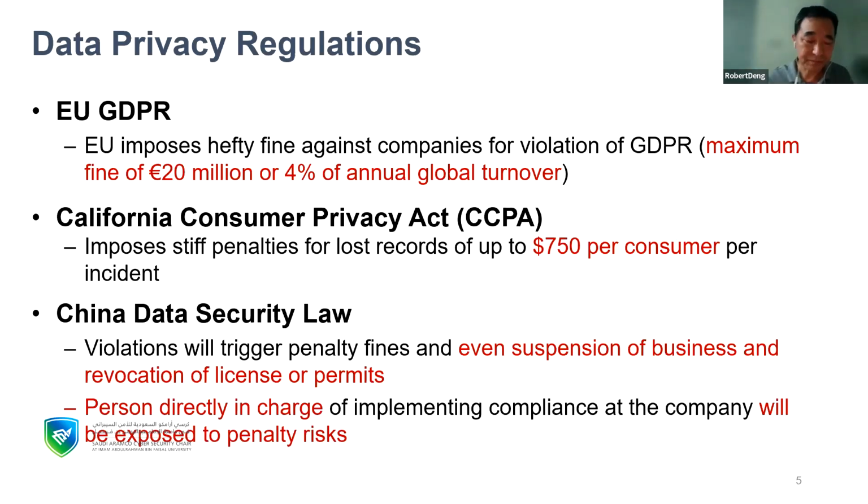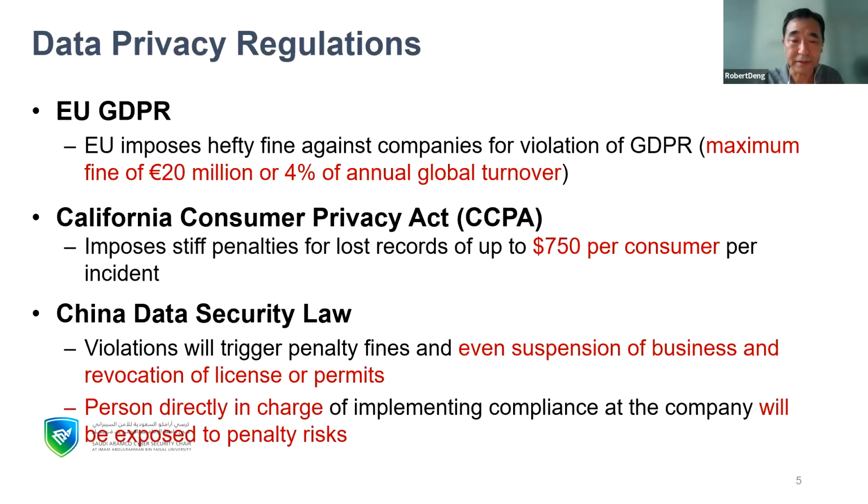Last year, in September, China also started its data security law. It is very strict. For example, some of the clauses state that violation will trigger penalties, fines, and even suspension or revocation of the business license.